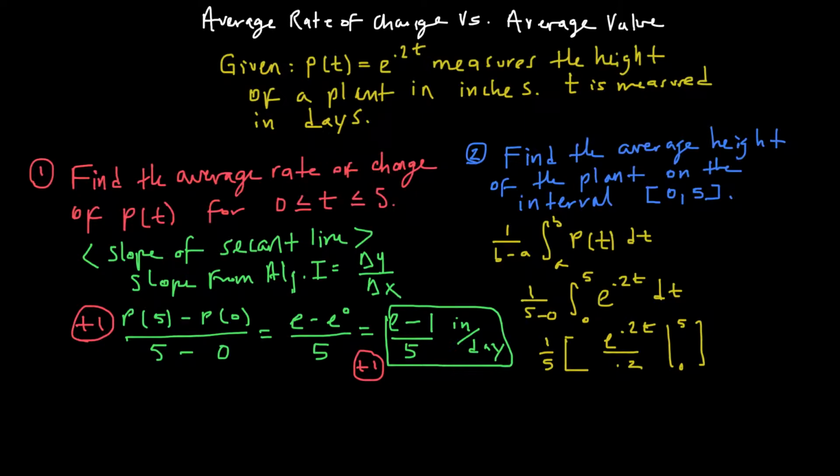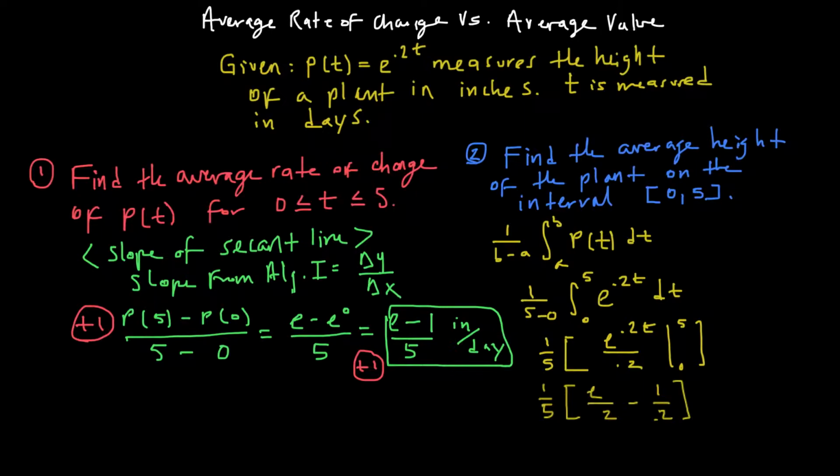And so we have 1/5 times top minus bottom. So e to the 0.2 times 5, that's going to be e to the 1 again, or just e over 0.2, and then minus e to the 0.2 times 0, that would be e to the 0, which is 1, and then over 0.2, okay?